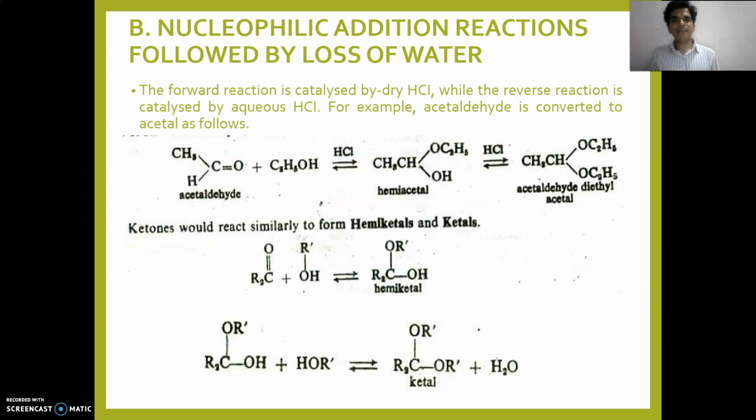The example of an aldehyde converting to an acetal is as follows: acetaldehyde interacts with alcohol in the presence of acid, HCl, and hemiacetal is formed. On addition of further alcohol, it gives acetaldehyde diethyl acetal. Ketones react similarly in this reaction, forming hemiketal and ketal.